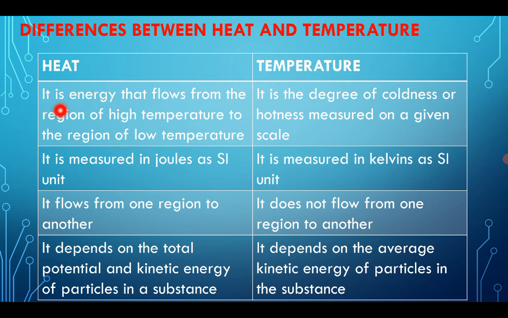Suppose we have two bodies in thermal contact with each other, and one body is at a higher temperature than the other, then heat is going to flow from the body at higher temperature to the one at lower temperature.